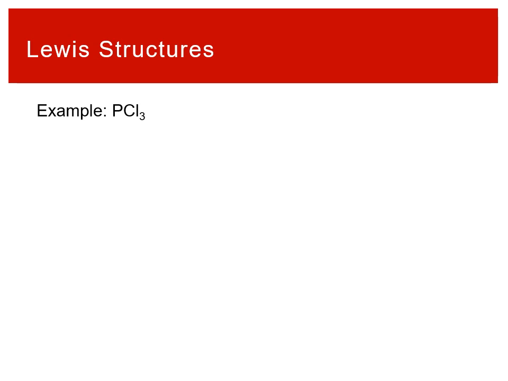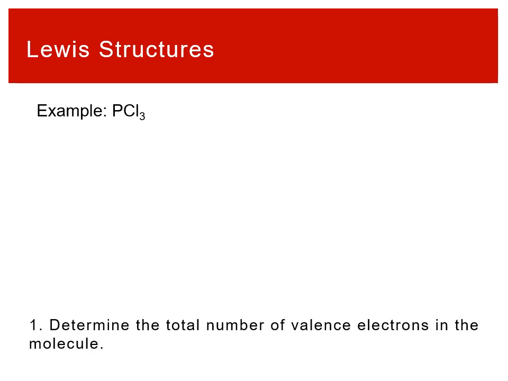PCl3. The one important part that we did walk through was getting that total number of valence electrons. This is always the most important step for determining a Lewis structure. Like we said before, if that Lewis structure doesn't have the right number of valence electrons, it's wrong, right? You haven't accounted for where everything goes because you don't have the right number of electrons.